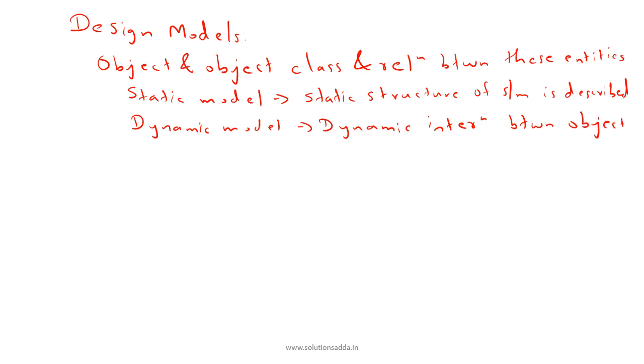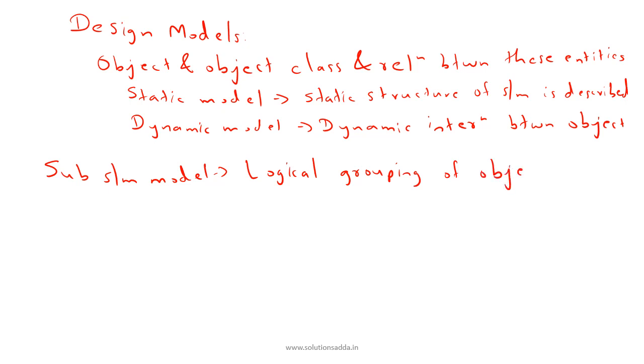So first one is subsystem models. They show logical grouping of objects into coherent systems. So they are logical grouping of objects into coherent subsystems.